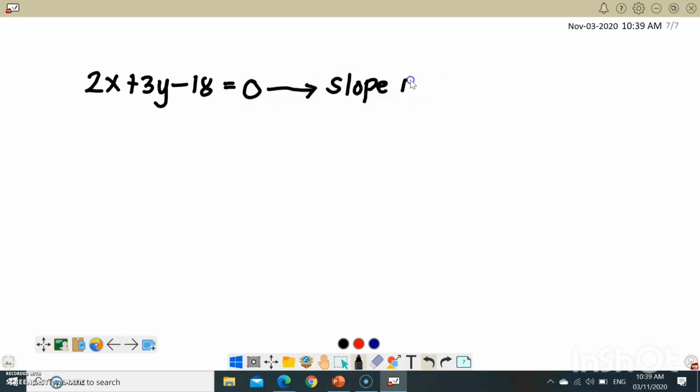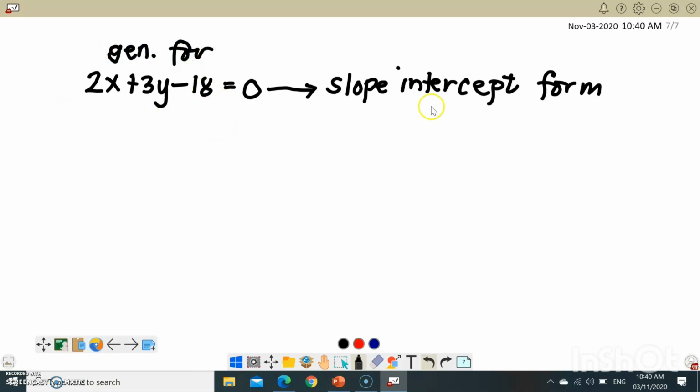Let's have number 3. Say we have here 2x + 3y - 18 = 0. Transform it into slope-intercept form. If you notice, the given linear equation in two variables is written in general form. So how are we going to do that?